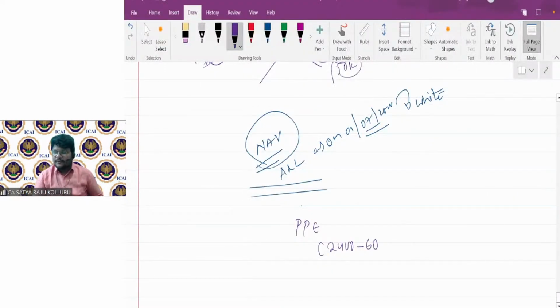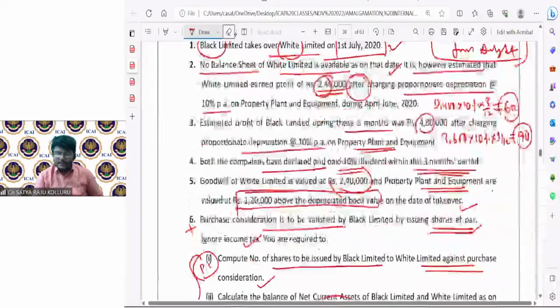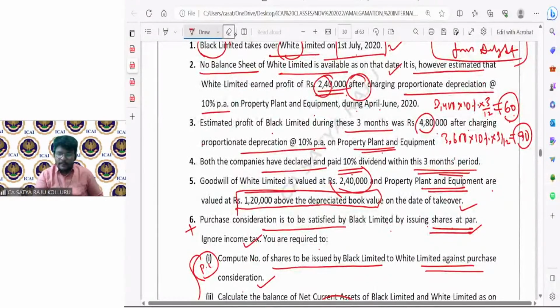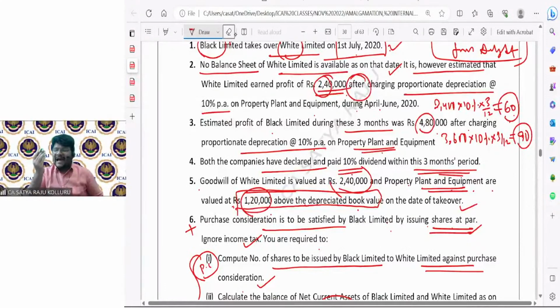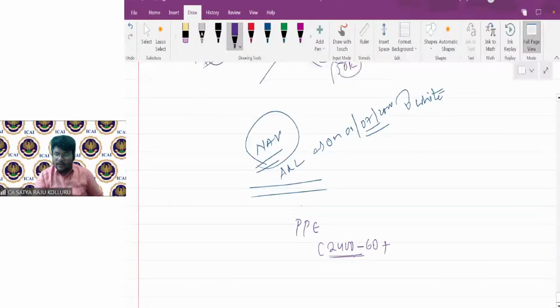Let me reduce the 60 depreciation. And it is clearly given in point number 5 that property, plant and equipment of White Limited are valued at 1,20,000 above the depreciated book value. This is the depreciated book value. Above this, 1,20,000 is added for the agreed value.